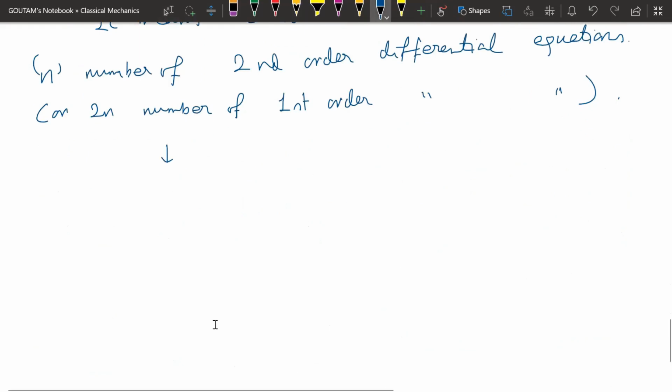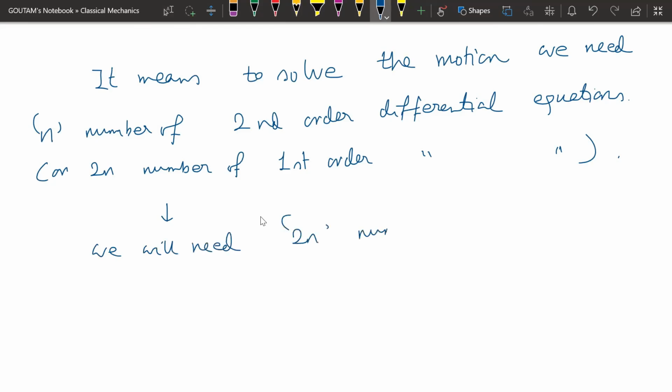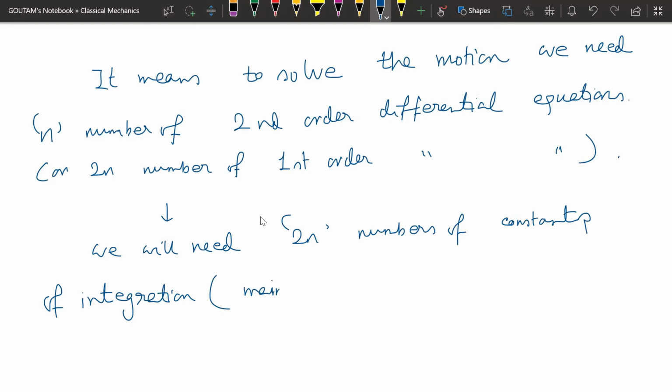For each second order differential equation, we need two constants of integration, and we have n second order differential equations. So we will need 2n constants of integration, mainly initial conditions.